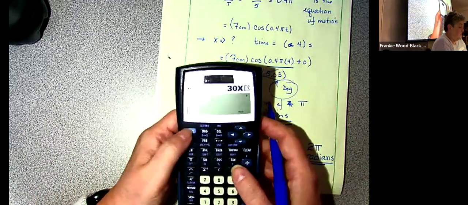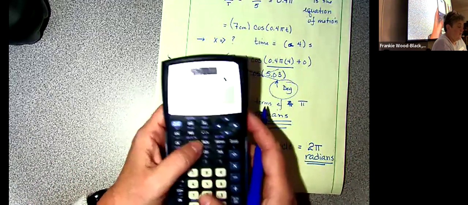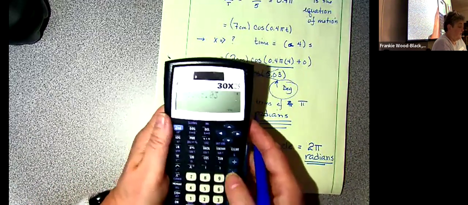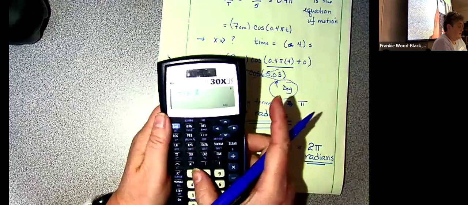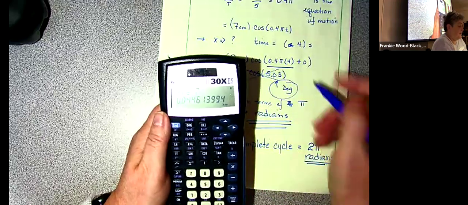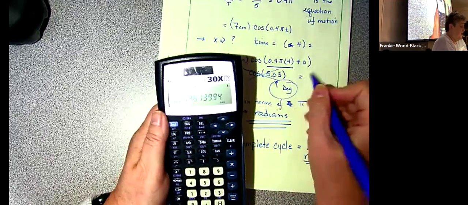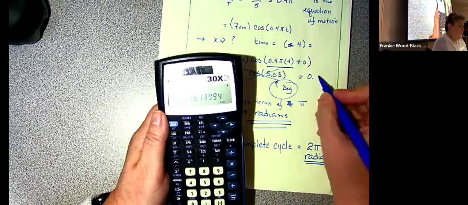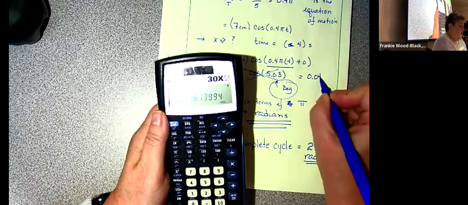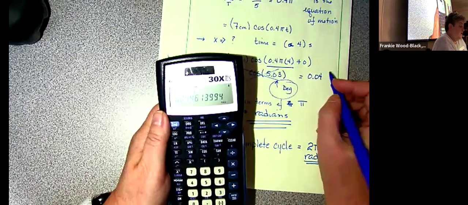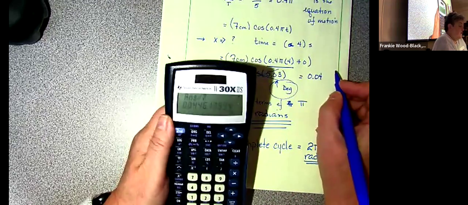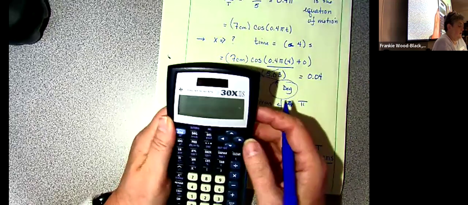So I'm going to do my cosine of 5.03. I get my 0.32, times 7 centimeters. And my position is going to be at 0.04. Oops, I didn't do that right.